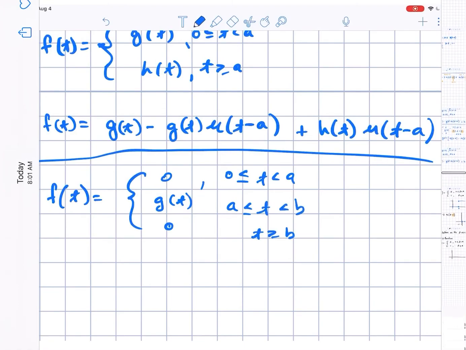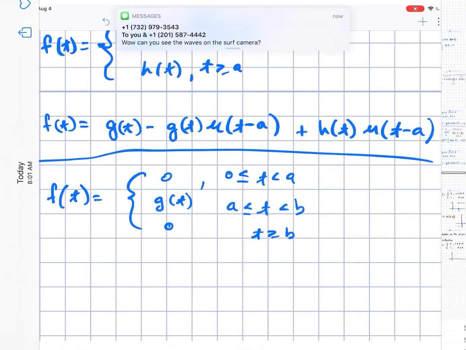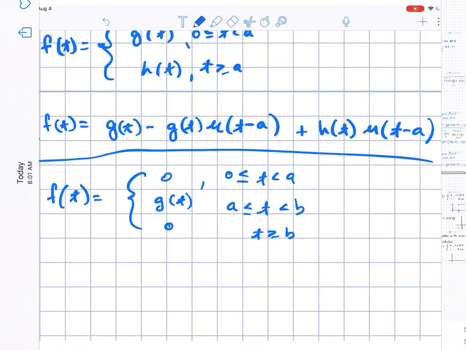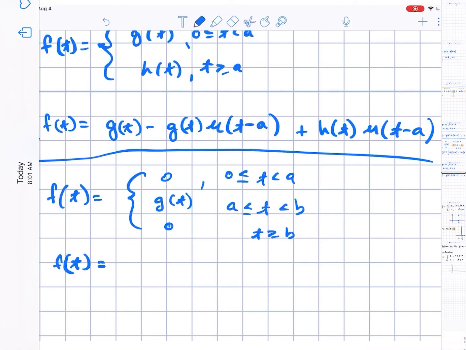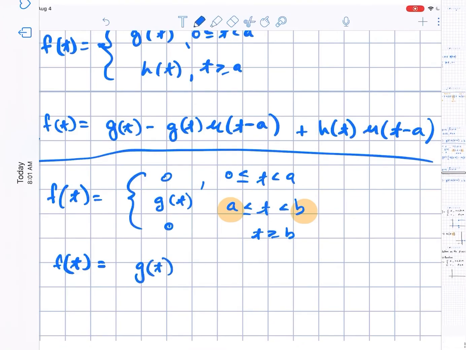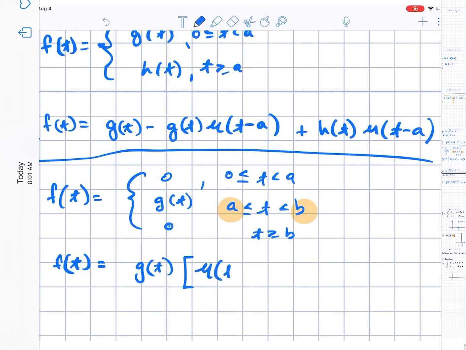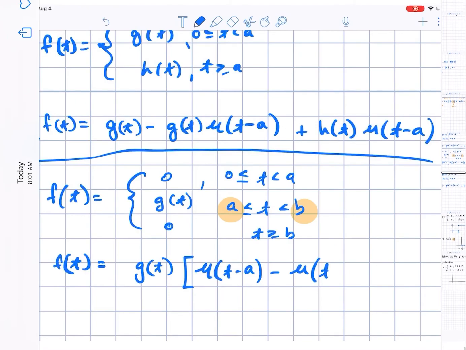Okay, so when you look at that setup that we did prior, we could write this one as f of t equals, so that first thing is 0, and then because these are two different values, all right, you're going to have g of t and then times the step function at a minus the step function at b.